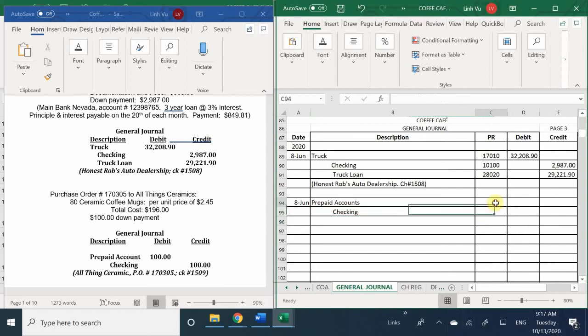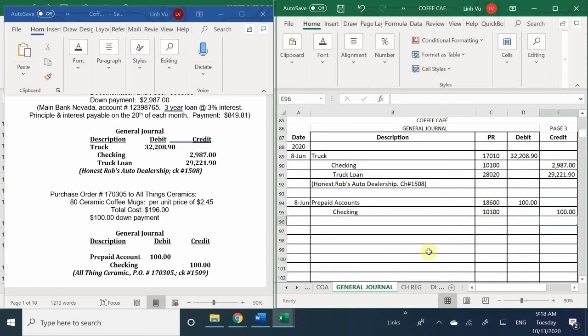All right. So what was my prepaid account number? All right, checking is 10-100. And now I need to fill in that I wrote a $100 check. I wrote a $100 check to All Things Ceramics.